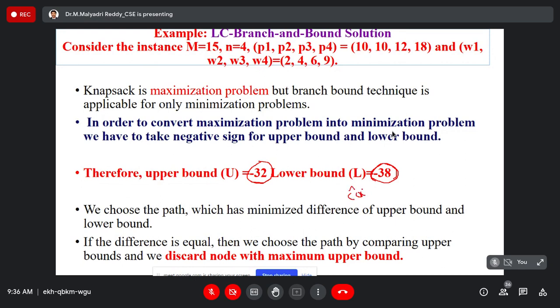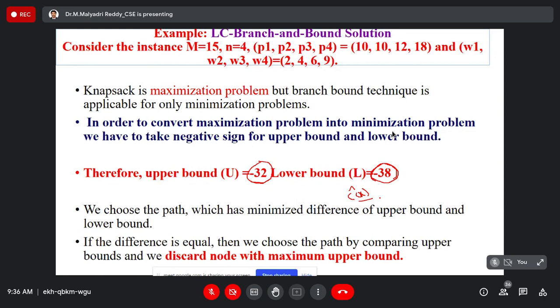With respect to boundaries, it is also called the cost function. So the boundary functions, corresponding objects, weights and profits are available.